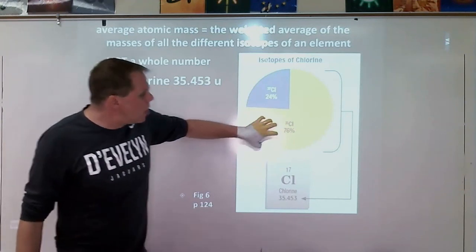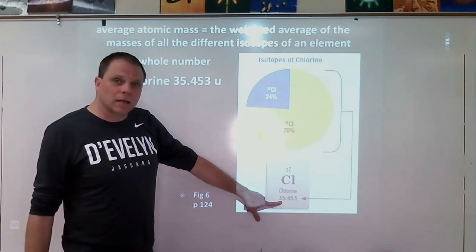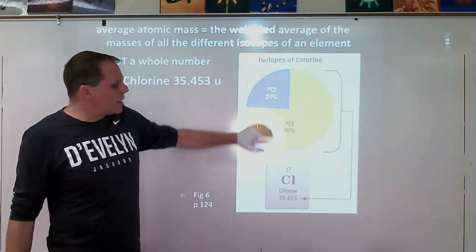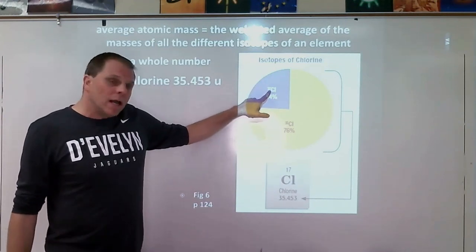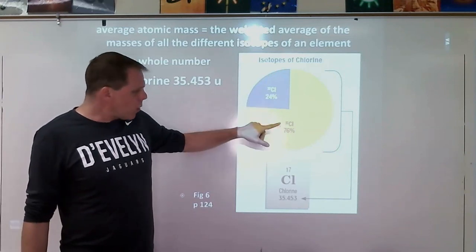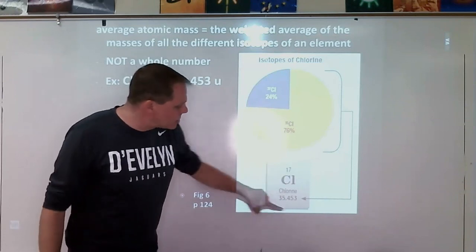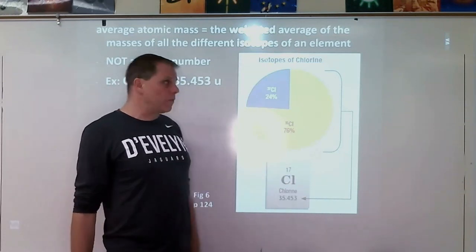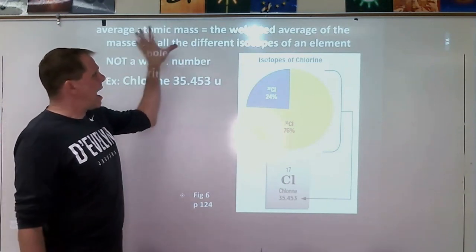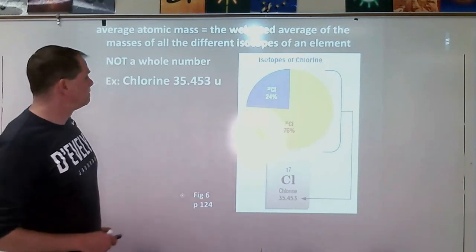Most chlorine is chlorine-35, and so this number is actually kind of close to 35, even though 24% of all chlorine we find is going to weigh more. 24% weighs 37 AMU, whereas 76% weighs 35 AMU. The average of those two is 35.453. Okay, so that is where we come up with average atomic mass. It's the average of all the weighted isotopes of an element.